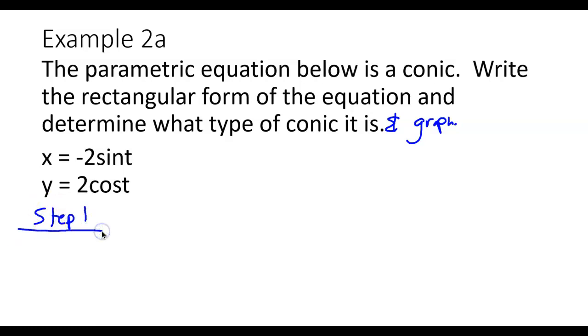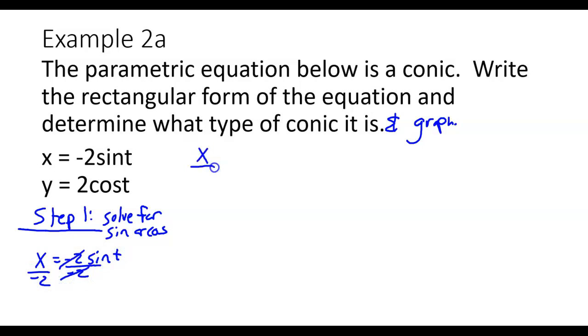Now instead of solving for t this time, what we're going to do is solve for sine and cosine. So in this case, for instance, x equals -2 sine of t. I'm going to divide both sides by -2. So now I have x over -2 is equal to sine of t.